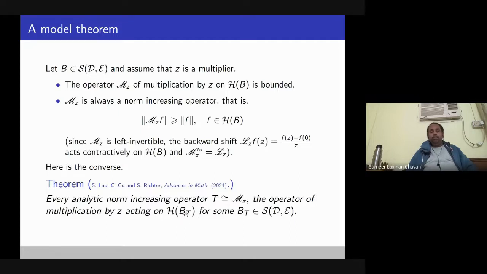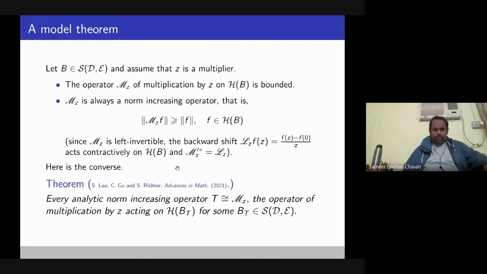So you can find some symbol Bt, which is a Schur class function, such that multiplication by z on h of Bt is unitarily equivalent to T. So this says that the study of any norm increasing operator which is analytic is reduced to the study of multiplication by z on de Branges spaces.